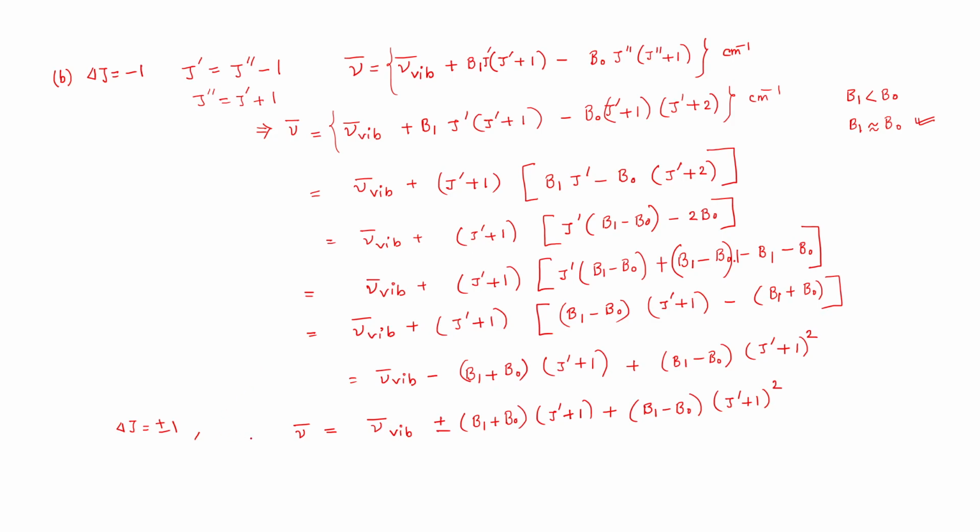So what you got is this: when the Born-Oppenheimer approximation breaks down, and when the Born-Oppenheimer approximation holds, in that case nu bar was nu vibration plus minus 2B J into J plus 1, suppose.